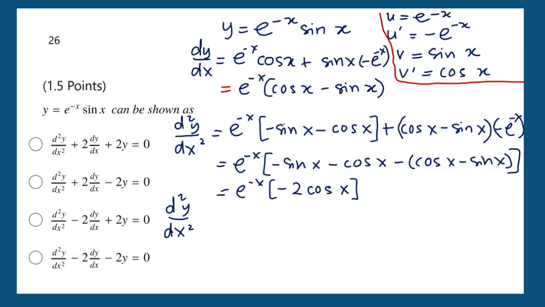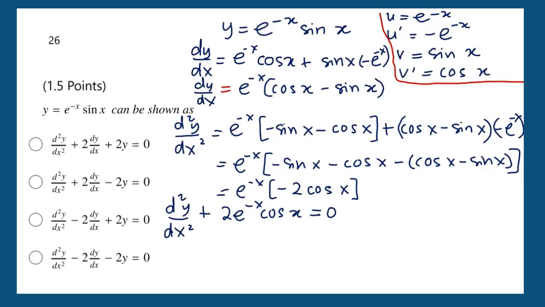You bring it to the left, so you will have plus 2 e to the power of negative x cos x equals to 0. Okay, so we are going to take e to the power of negative x cos x from the dy/dx. So from here you have dy/dx. Let's look at this one here.